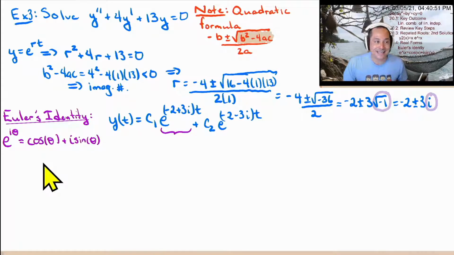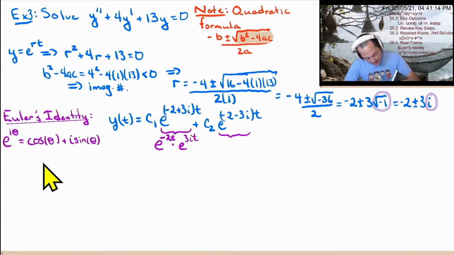This e to the negative 2 plus 3i t, since I'm adding in the exponent, isn't that equivalent to e to the negative 2t times e to the 3it? I can choose to multiply the bases instead. And if that's the case, looking at this exponential right here, it has an e to the negative 2t but now it also has an e to the negative 3it.